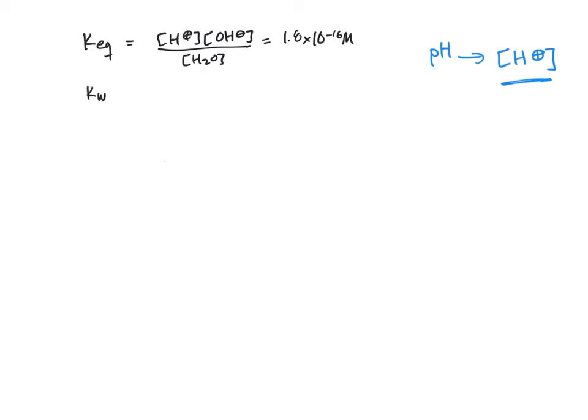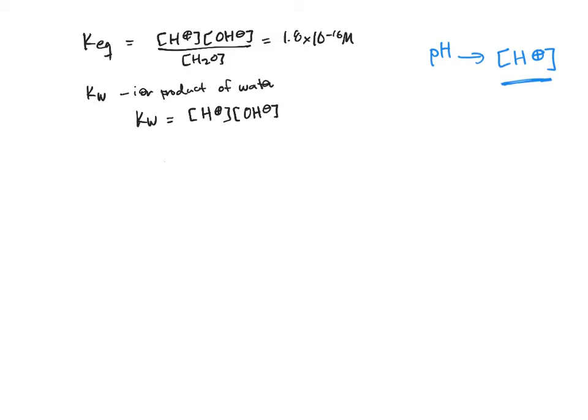Kw refers to the ion product of water. The W is for water. So we could write this: Kw equals proton concentration times hydroxide concentration.